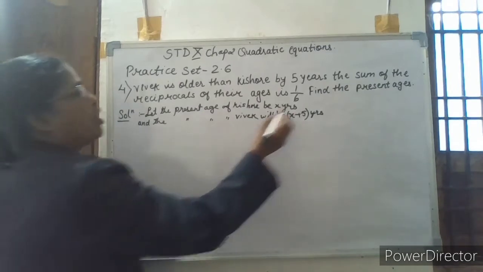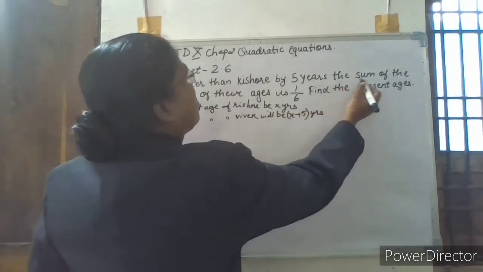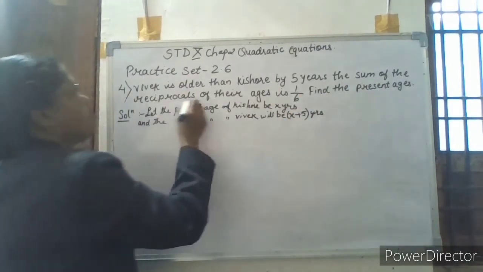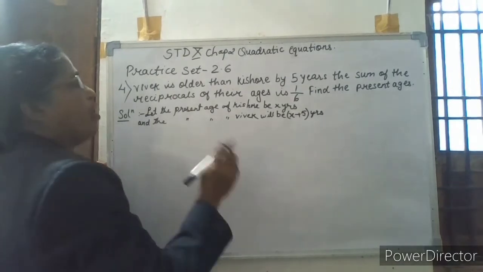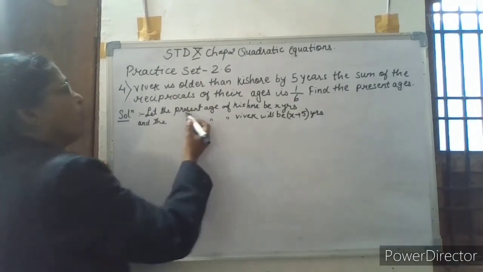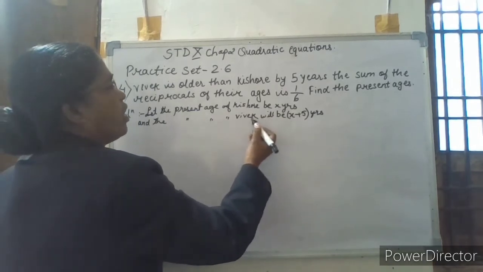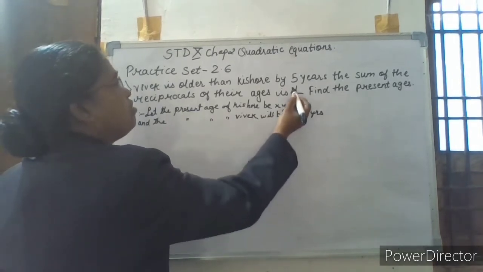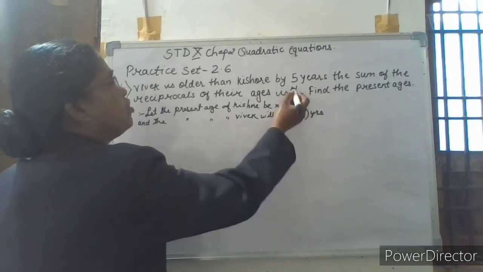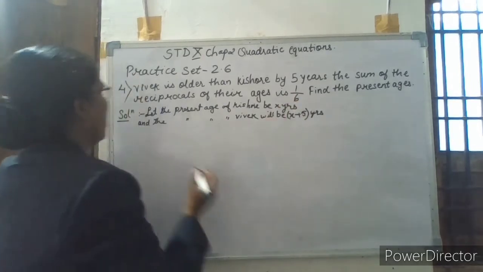Now, the condition is what? The sum of the reciprocals of their ages: the reciprocal of the age of Kishore and the reciprocal of the age of Vivek, their sum is equal to 1 by 6.